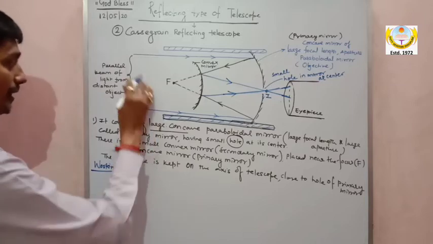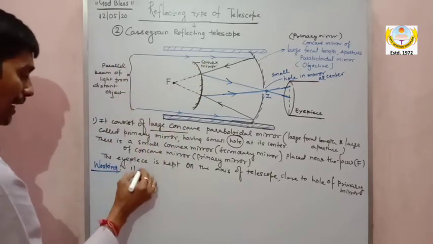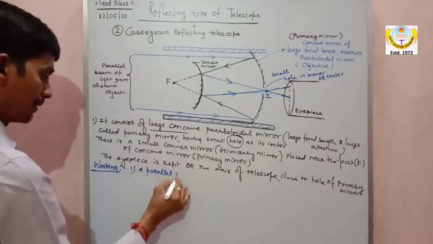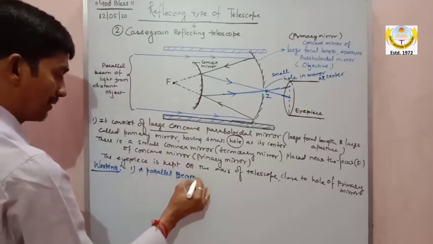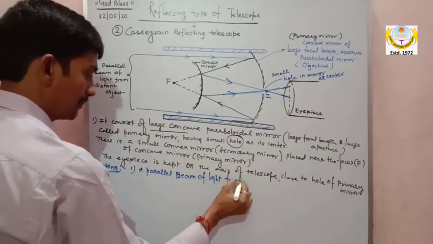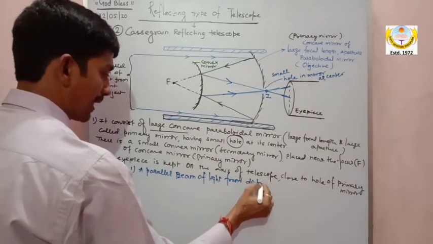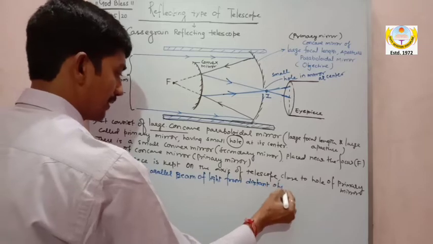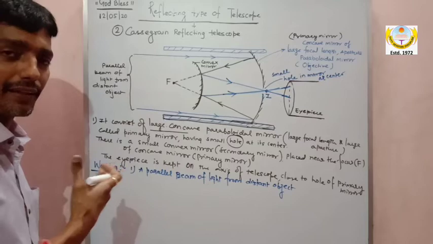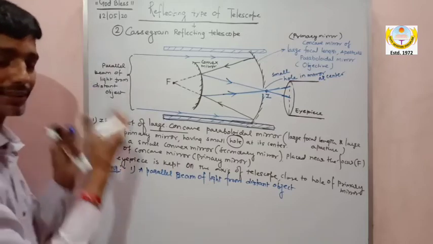First point, you can see a parallel beam of light from a distant object. You should write in your own words also, but understand the concept.